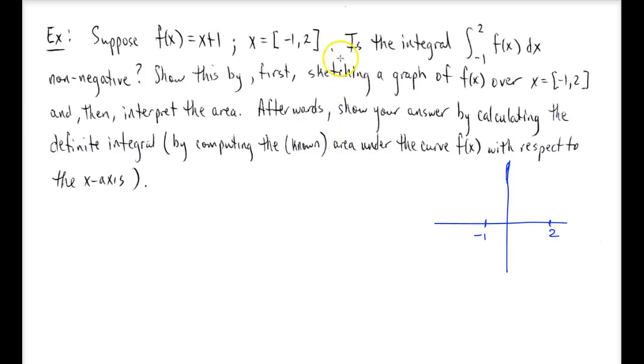And we know that whenever we plug in a -1 into here, -1 plus 1 is 0. I'll just draw it first and then bring it down. So that would be there. And so now when we plug in a 2, that will give us 2 plus 1 is 3.